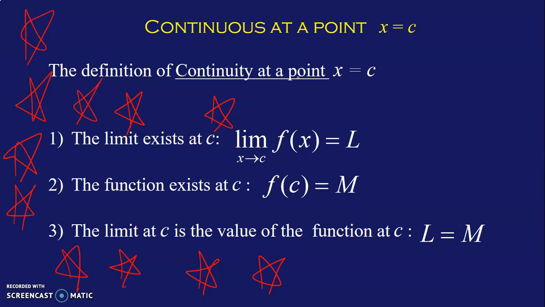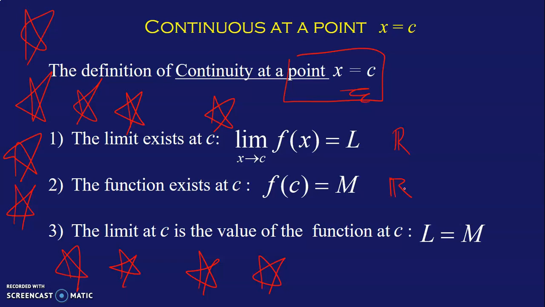And again, if we're talking about at a point, all of this stuff is happening at the value x equals c. So the limit as x approaches c of the function is equal to L, some finite number. This has to be a real number. And then the function exists at x equals c. So the value of the function is equal to m.